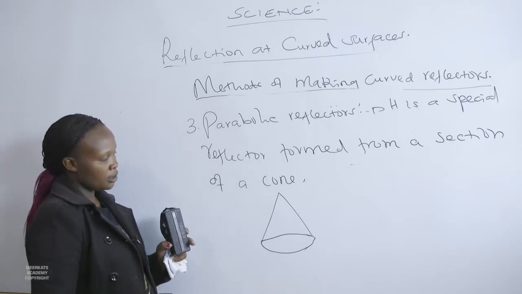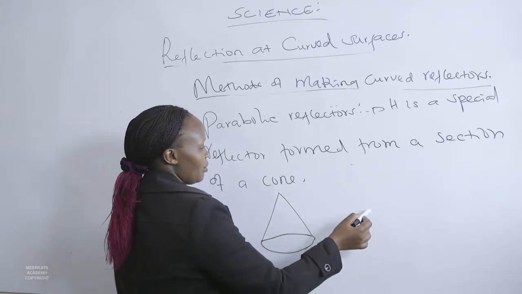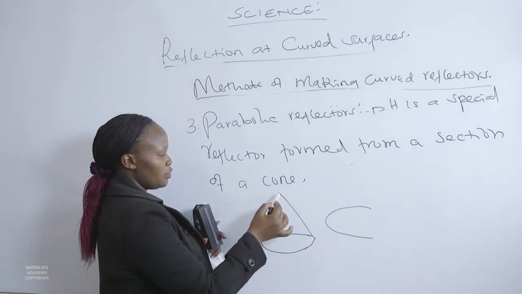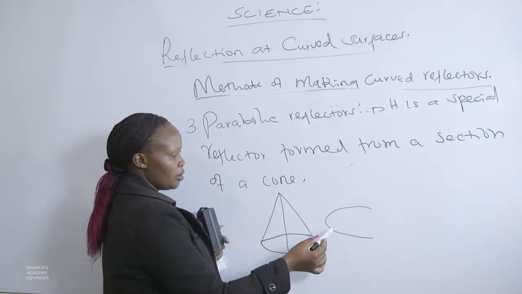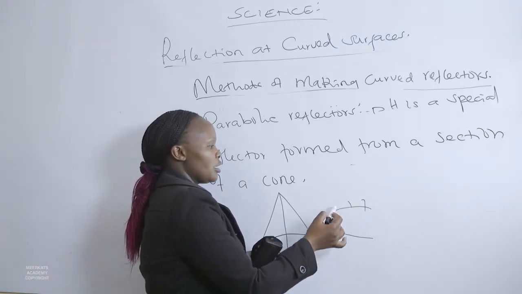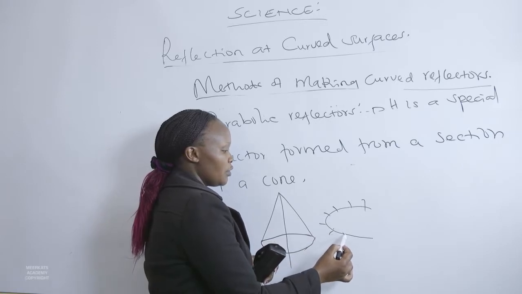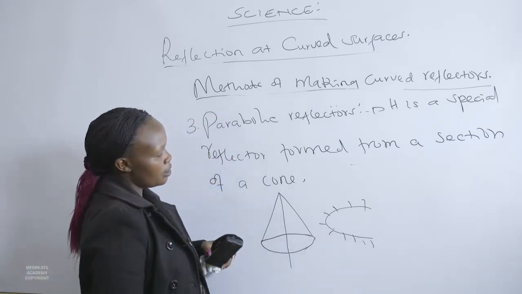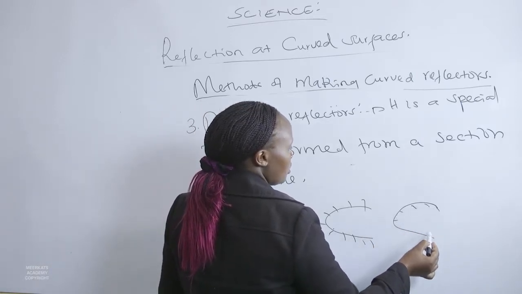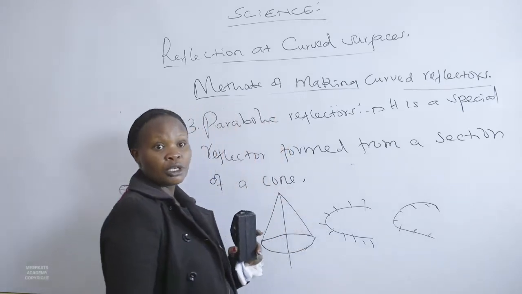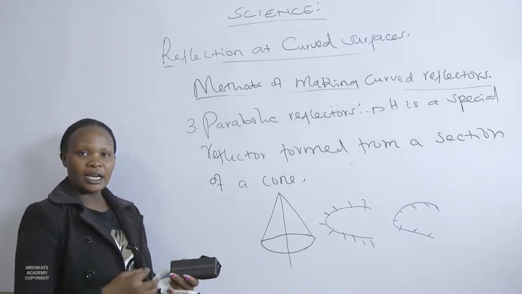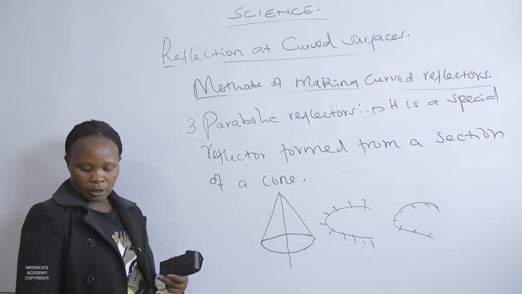Now from this, you can decide to cut any part. For example, if you cut longitudinally, you can come up with such a surface, and depending on which side you polish or silver, you can come up with different reflectors, which could be concave or even convex, provided they are formed from a section of a cone.